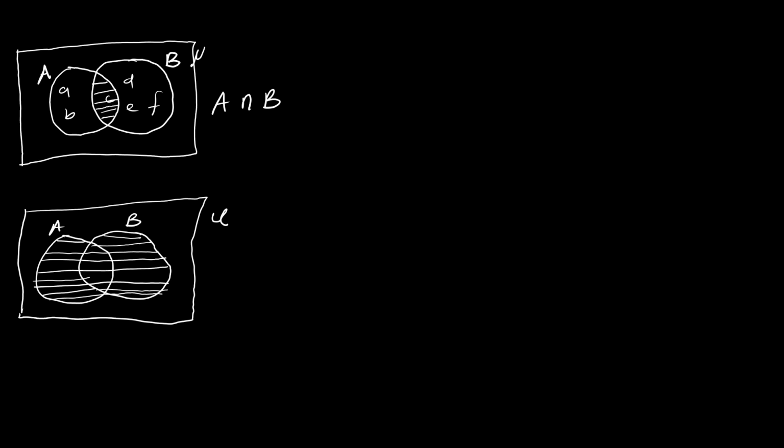So this is A union B. All elements that fall in this shaded part belong to A union B.